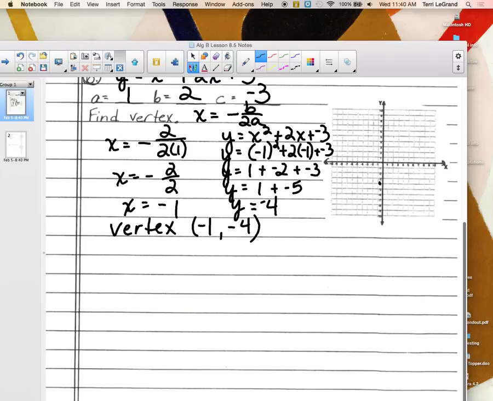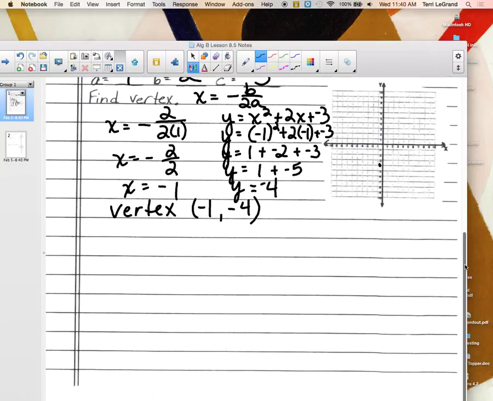And what are we going to do next? Draw our axis of symmetry, right? Draw our axis of symmetry. Okay, and then we're going to identify our second point. Remember, our second point is the y-intercept, which is c.